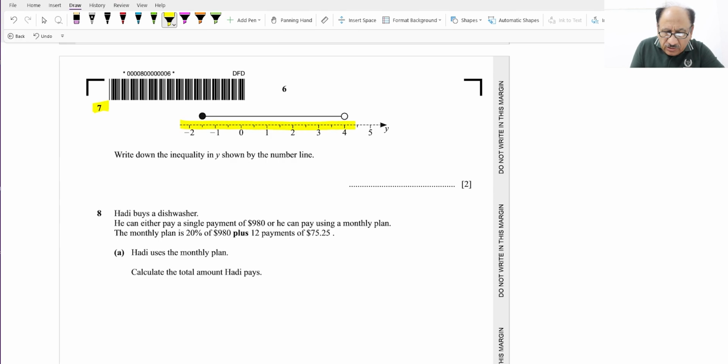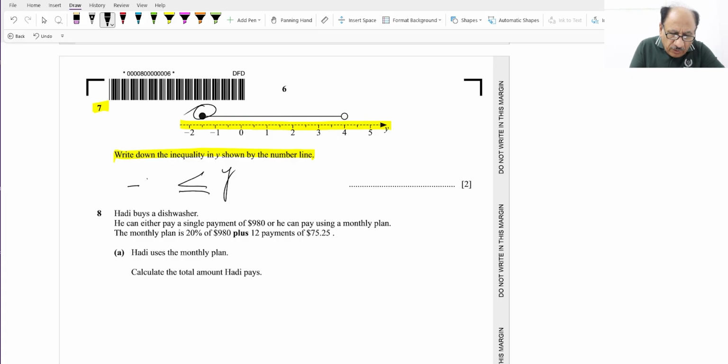Now question number 7. This number line is provided. Write down the inequality in y shown by the number line. So y will be greater than, on this side it is a filled one, so greater than or equal to minus 1.5.